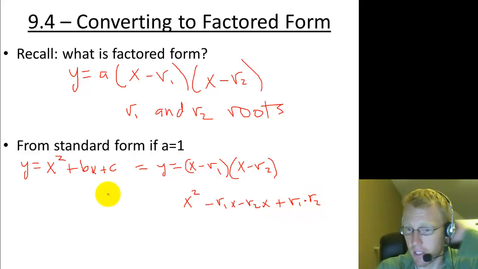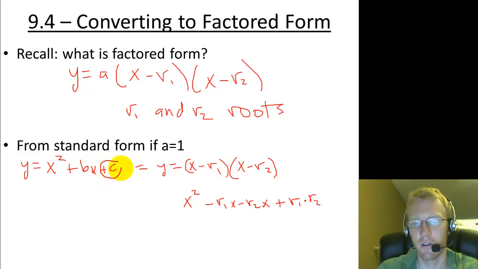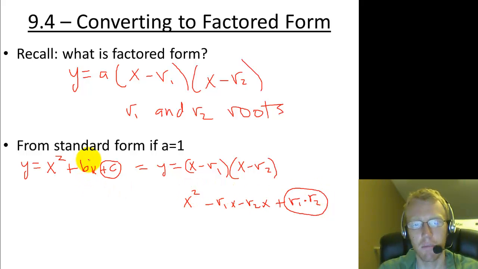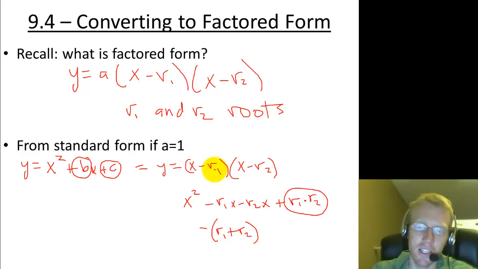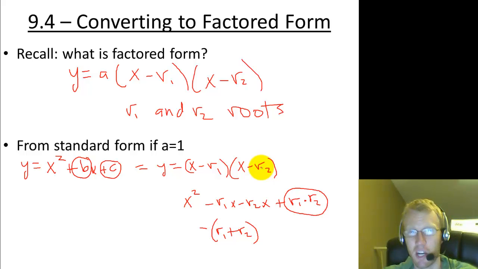Okay, so by comparing this expression to this expression, we can see that the c value has to be r1 times r2, and the b value has to be the opposite of r1 plus r2. When we do the factoring, instead of thinking of the roots with a minus sign, we first just try to figure out what number goes here and what number goes here, and then we know the root is the opposite of that.